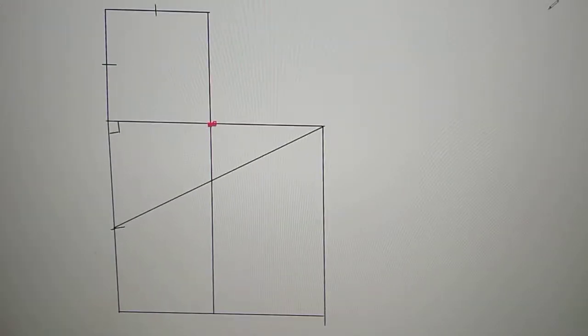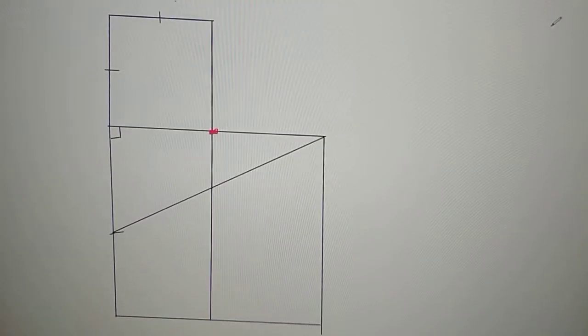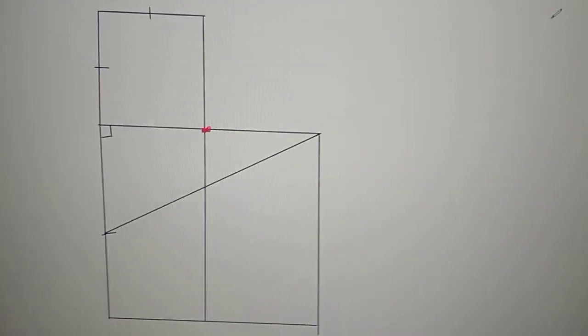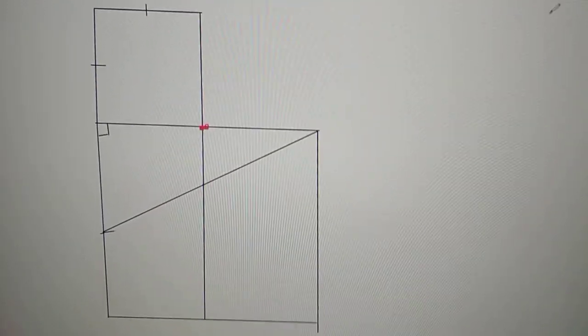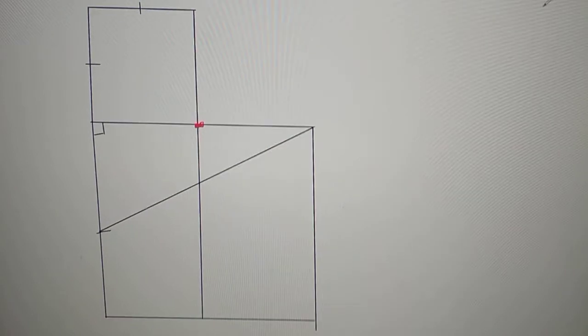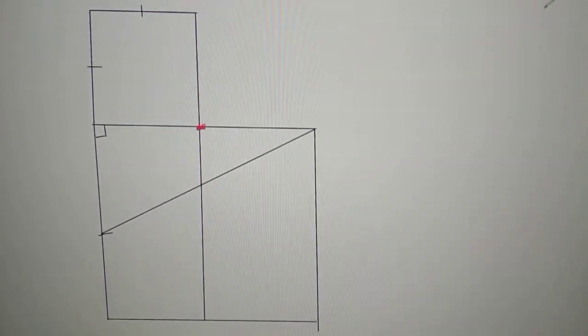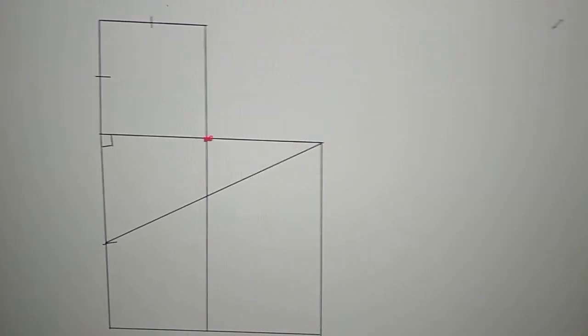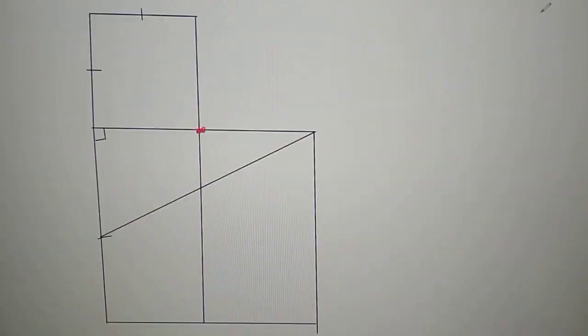Thus we have shown that given a straight line, it's possible to cut it at a point so that the rectangle contained by the whole straight line and a segment is equal to the square on the other segment.